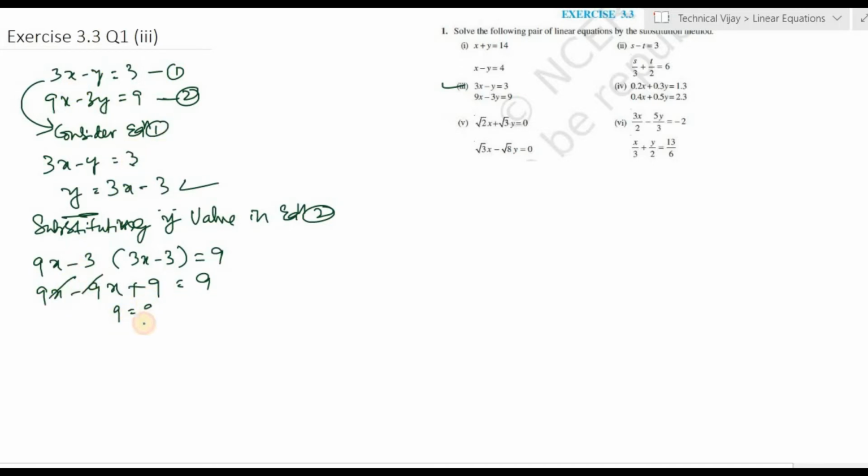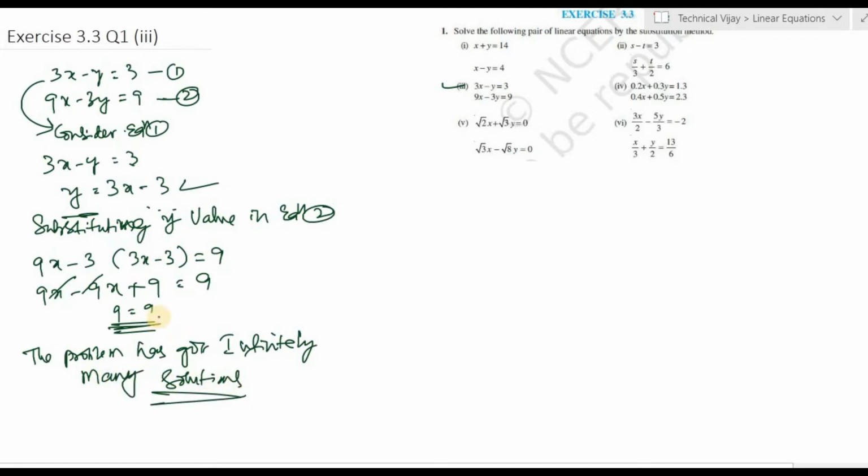So here 9 is equal to 9. If this situation occurs, what happens? 9 is equal to 9 means the problem has infinitely many solutions. Only then this type will come. So we'll go for the next one.